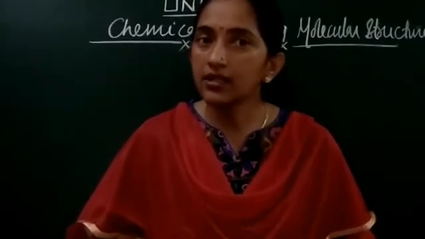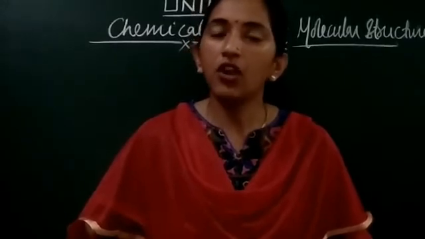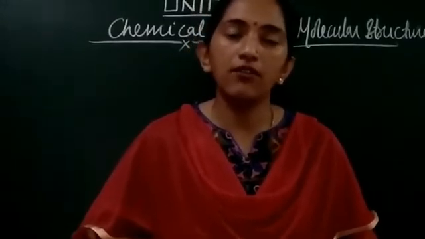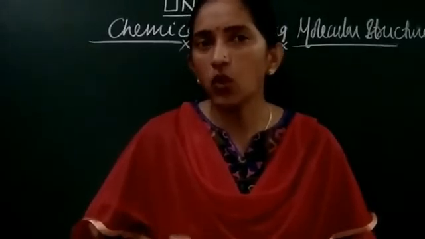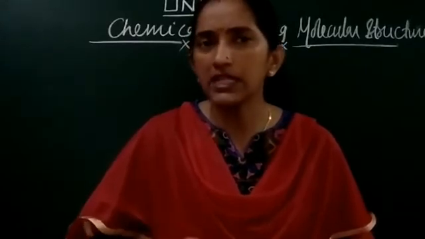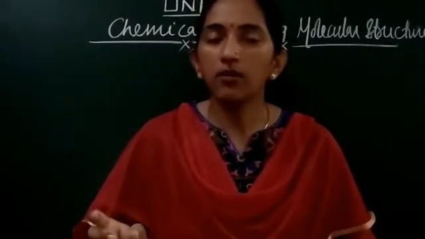The second is the octet rule. Now you have gone through the electronic configuration of different elements. You must have seen that the electronic configuration across the period follows a definite order. There will always be an increase in the number of electrons in a particular subshell or orbital, one by one.